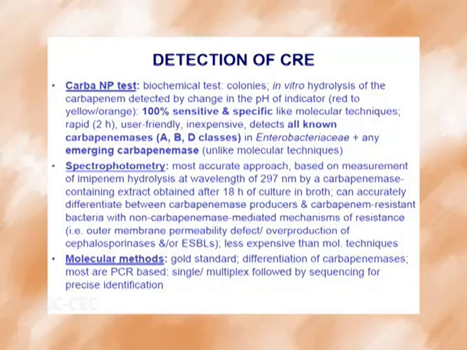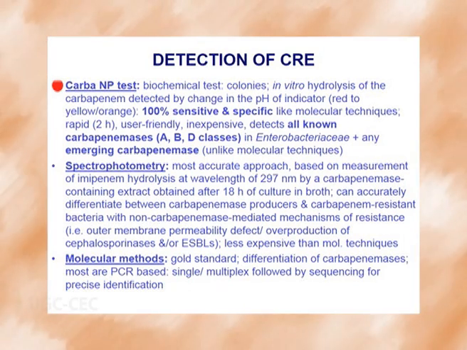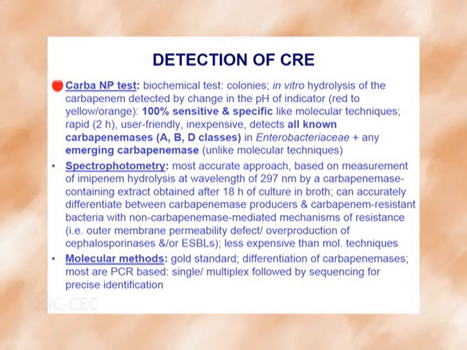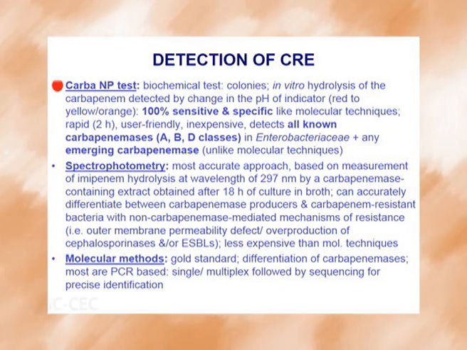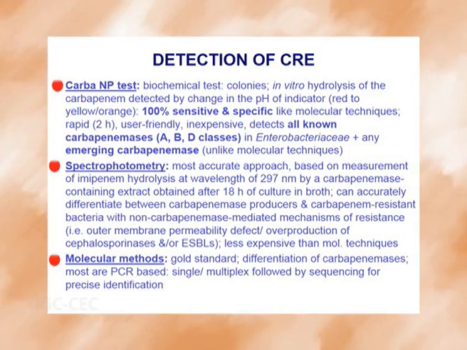So there are different systems to detect carbapenem-resistant Enterobacteriaceae. There is the Carba-NP test, which is an enzymatic, biochemical test, and it can detect resistance very rapidly, within 2 hours. We have other methods like spectrophotometry and the molecular methods, which are mainly PCR based, to detect carbapenem resistance.